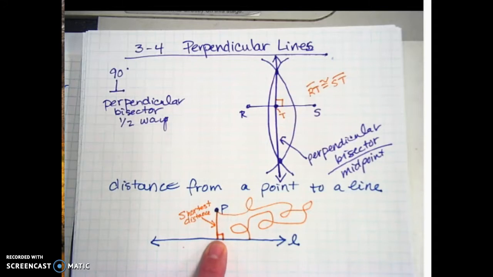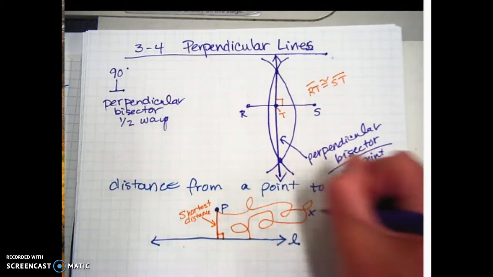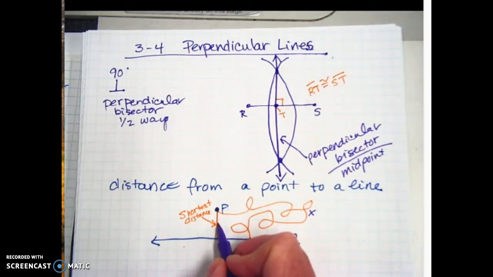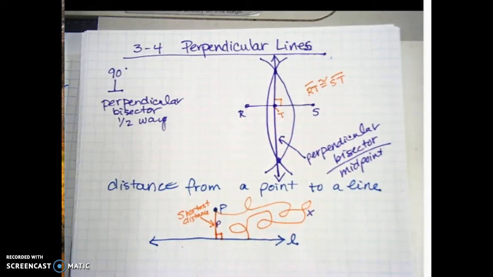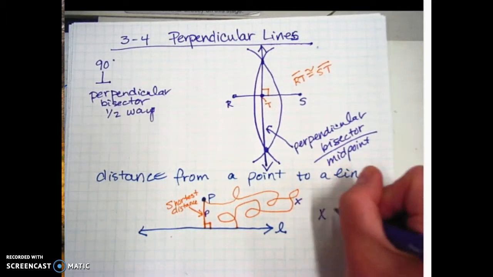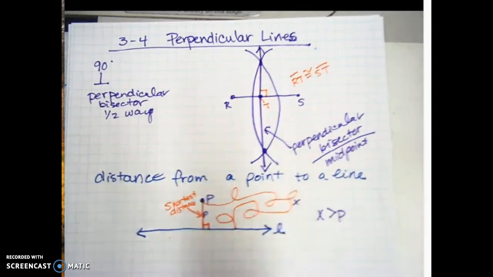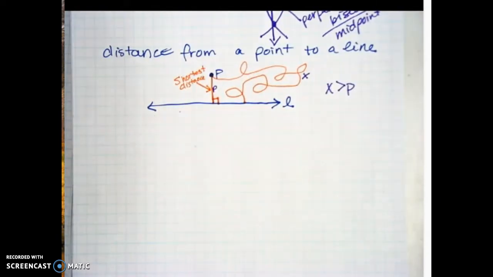We'll call this route X. We'll call this route P because it's perpendicular. X is always going to be greater than P. Any other route that's not perpendicular is going to be the longer route.